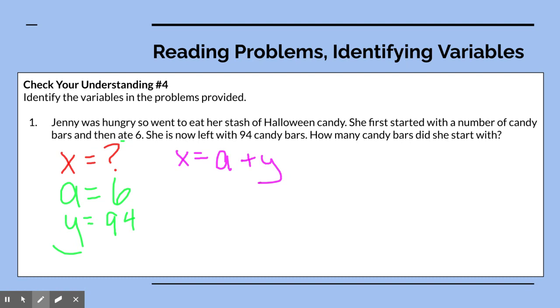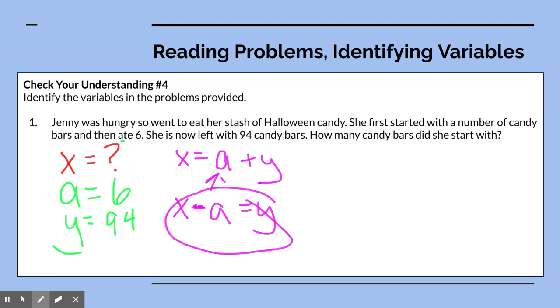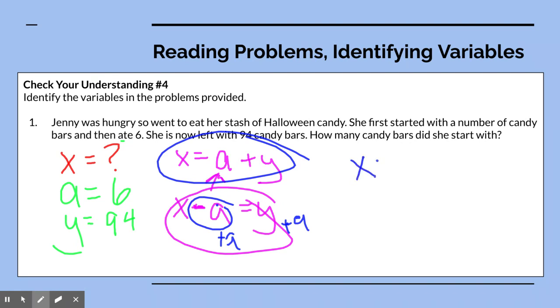Another way we could say, well, we know that she ate a number of them, so that'd be x minus a is equal to y. Easy enough. You could use either one. Realistically speaking, your brain probably thought of the first one, but then we would have to use the inverse operation, because that's what you see here. You would eventually add a to both sides, and that's what you would have here.